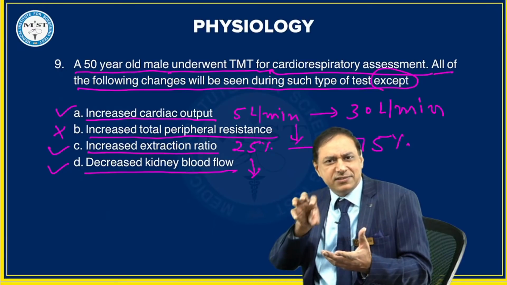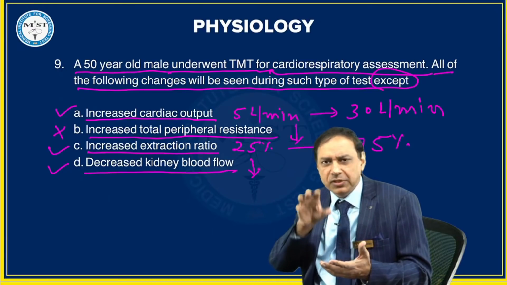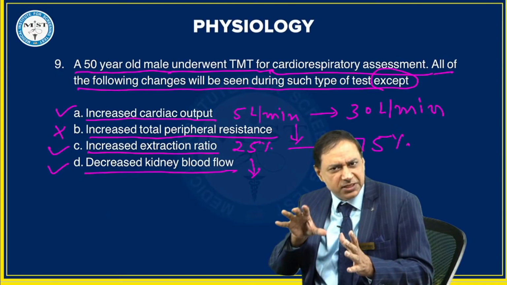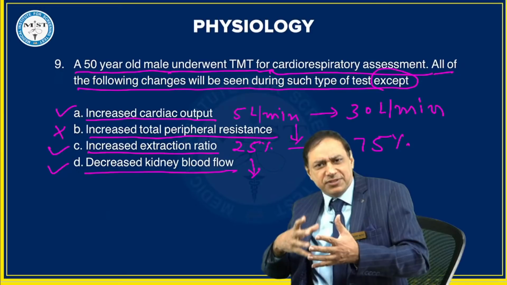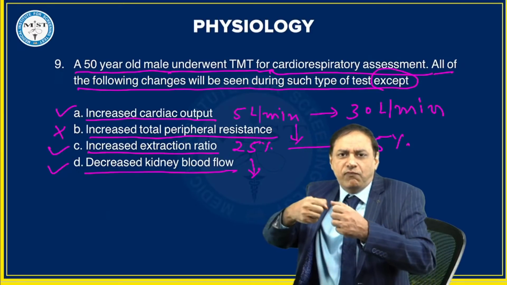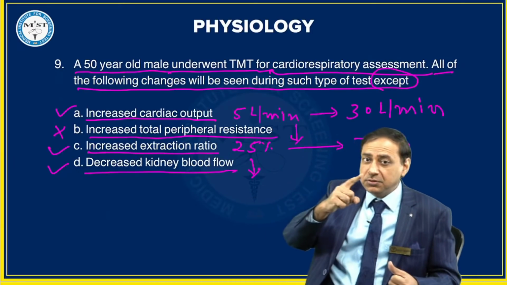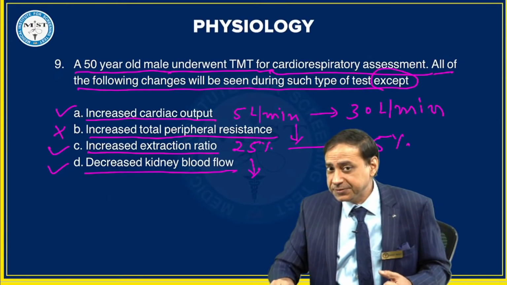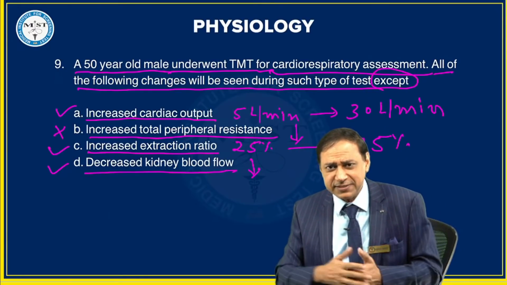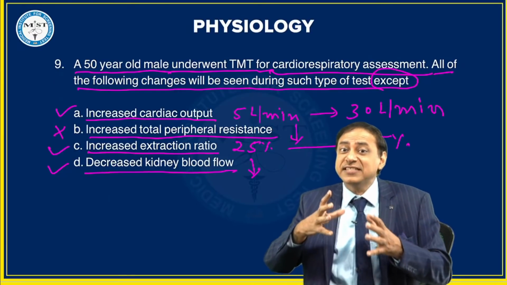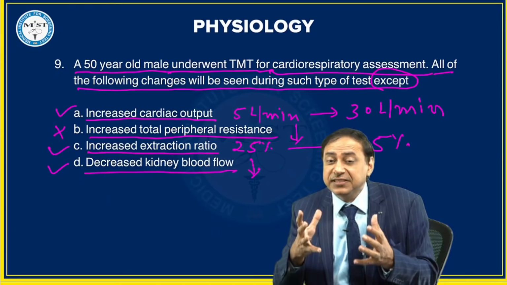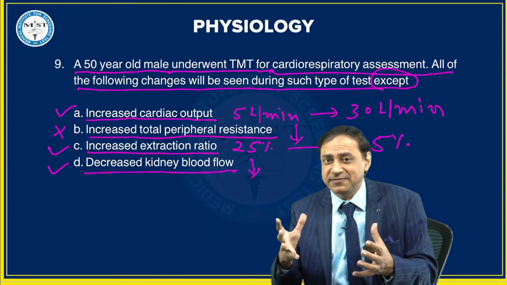Because metabolites are formed in the muscle, carbon dioxide, H plus, they will do vasodilatation. So muscle blood flow is increased. Only then you can exercise. There is dilatation in the peripheral muscles.